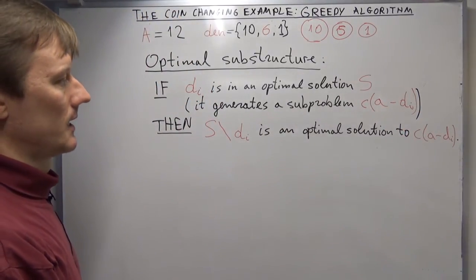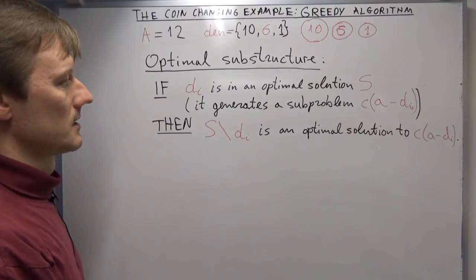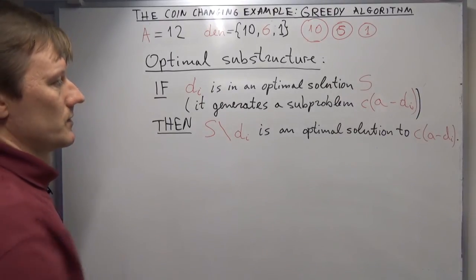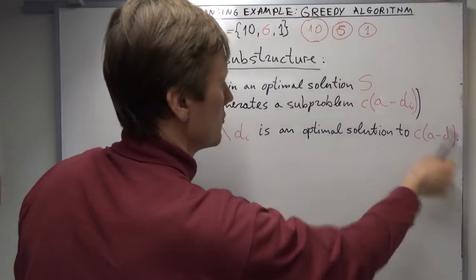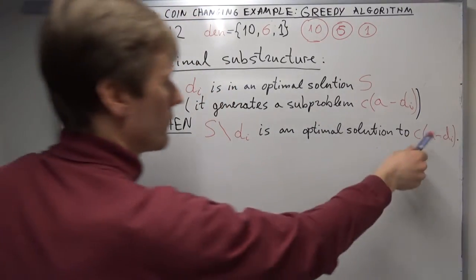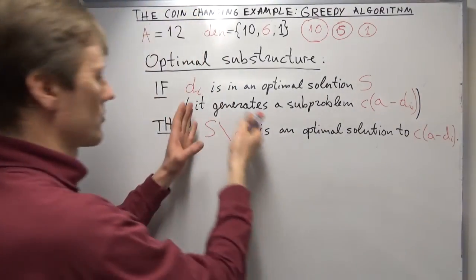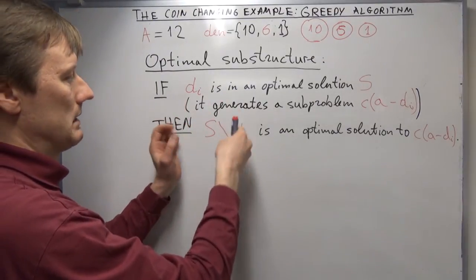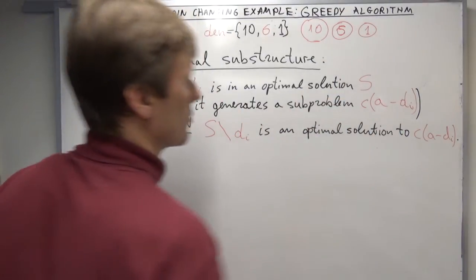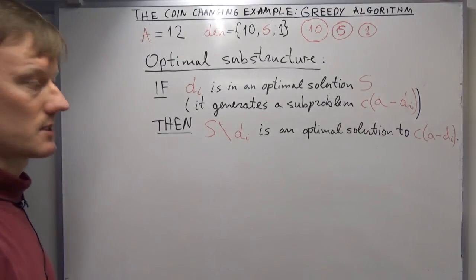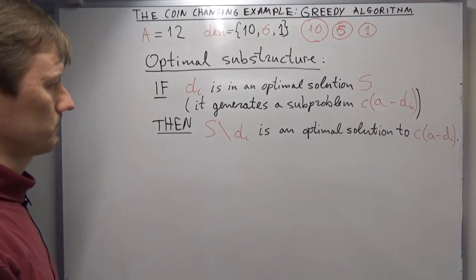So in a sense, you are justified in looking for an optimal solution of this, because if you find an optimal solution to this, then you can replace this part in an optimal solution with an optimal solution to this, and you will have the same cost of the solution.